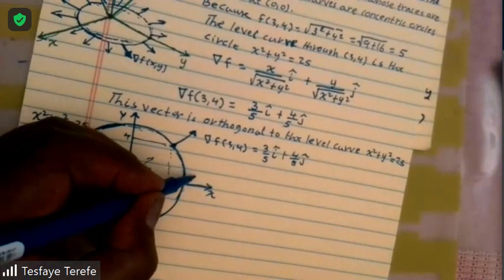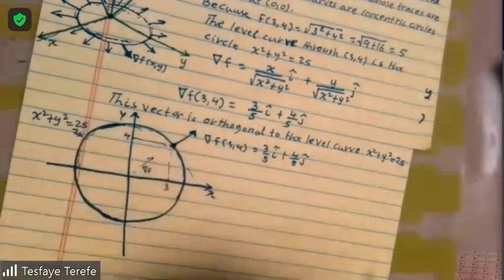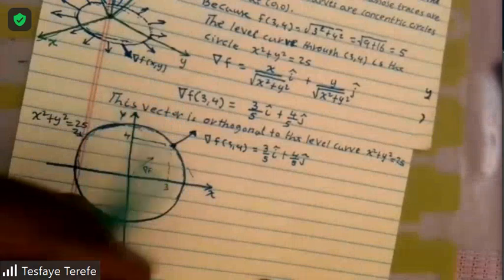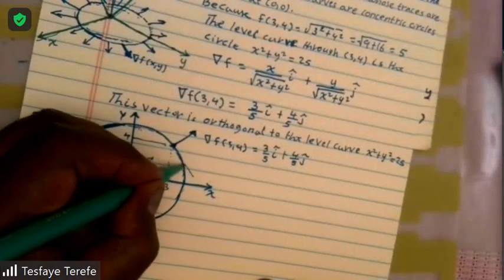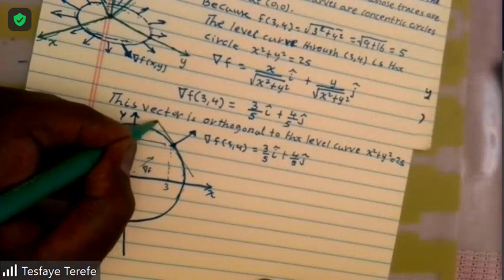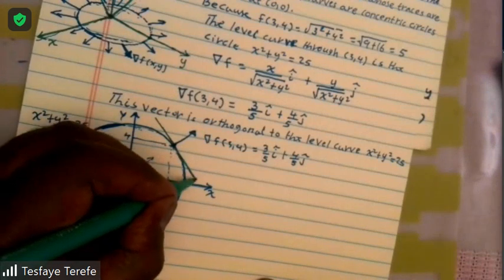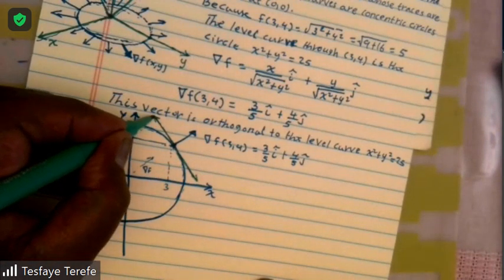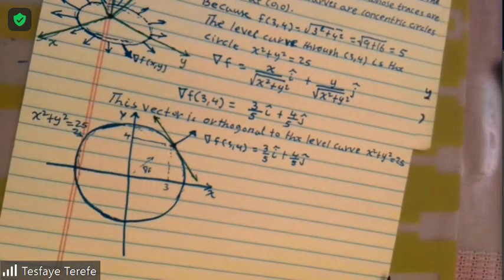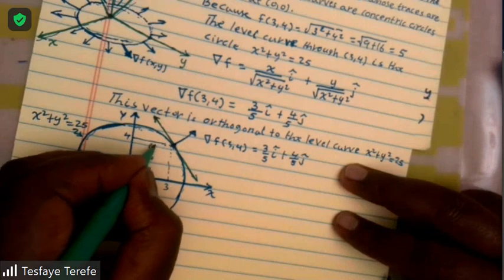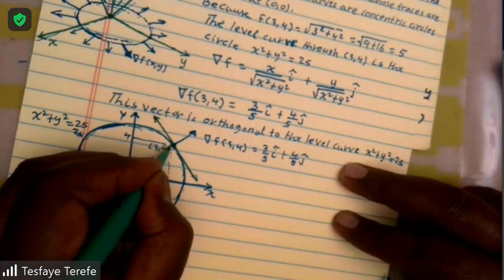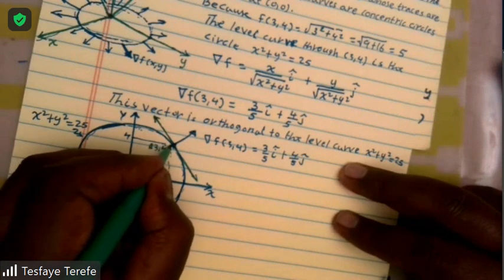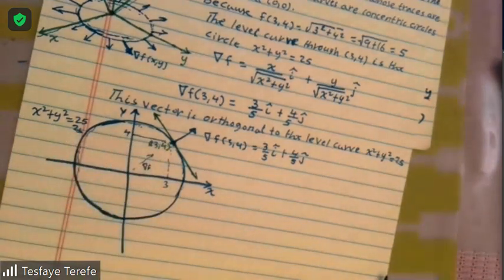The tangent is going to be orthogonal to del. And this is the tangent line on the contour. So this is really what we need to know. And at this point, let me write it 3, 4. Okay, is it clear, guys?